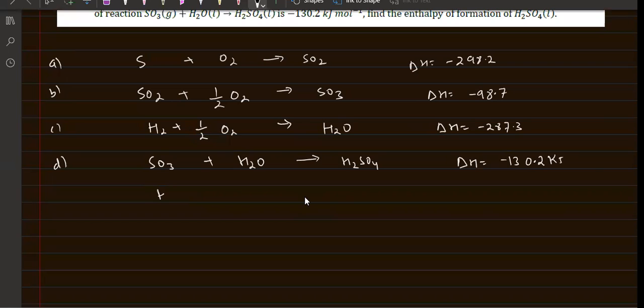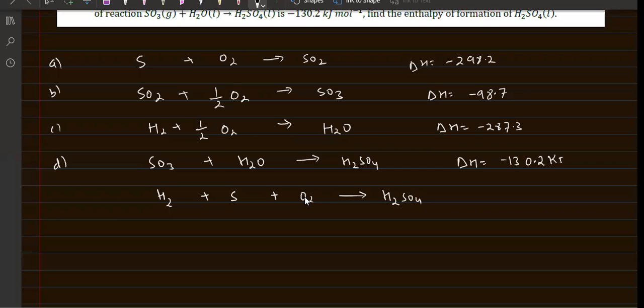It would be simple: H2 plus S plus O2. Because when you talk about enthalpy of formation, the compound is being formed from its elemental states. So it would be H2SO4. Now let's balance this.